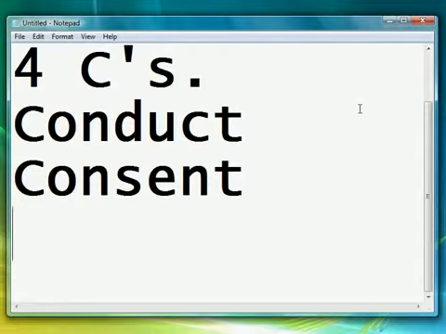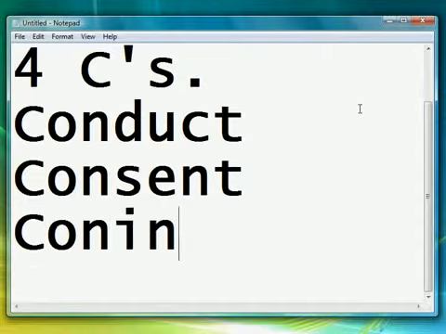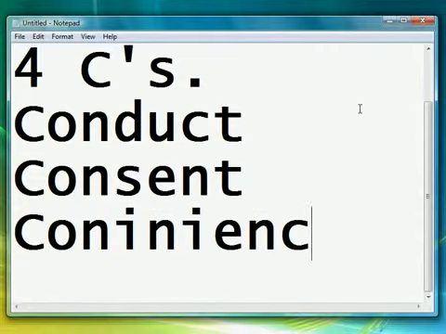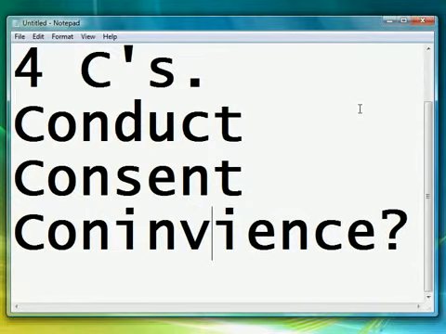Conduct, consent. I don't remember. Was it like convenience? Convenience? Convenience?